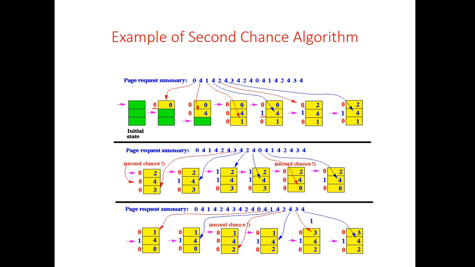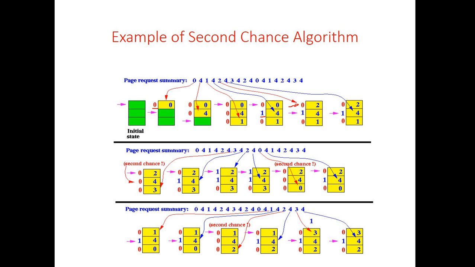Next, 2 is accessed, and the page is not available in the physical memory, so we need to identify the victim page. We start from the beginning. This 0 indicates that page number 0 was brought into main memory but not accessed. So this page is replaced by page number 2.